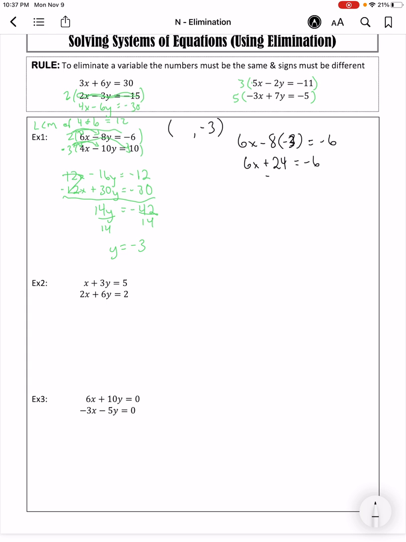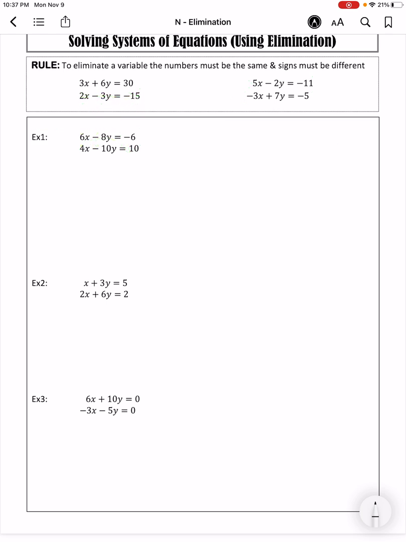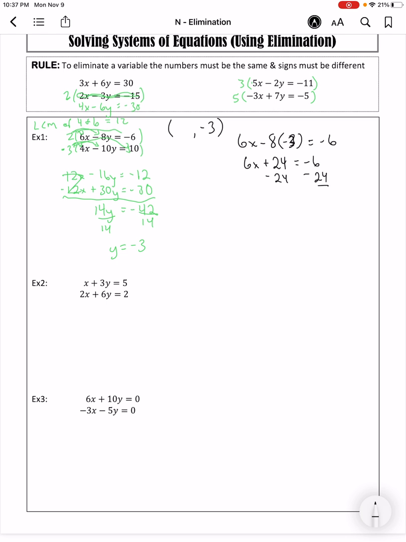I'm going to subtract 24 from both sides. So I have a zero pair here. So 6x equals negative 6 and negative 24 make negative 30. I'm going to divide both sides by 6 to find the answer for x.